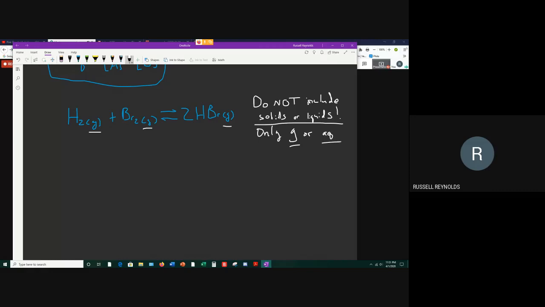Do not include solids or liquids. Only gases and aqueous. Since all of these are gases, we will include all of them in this particular reaction.